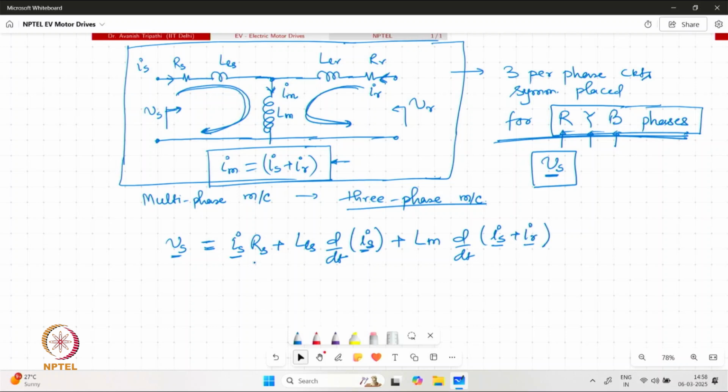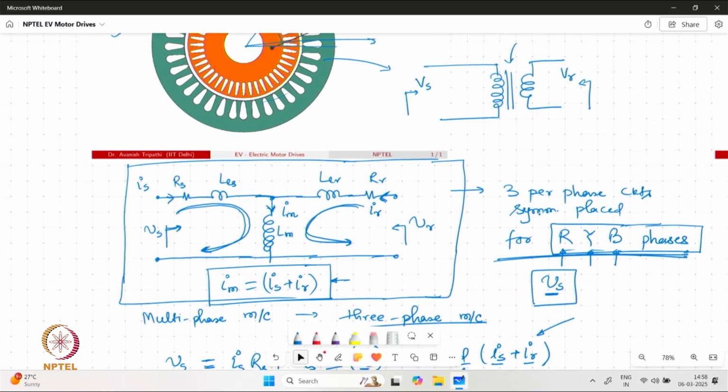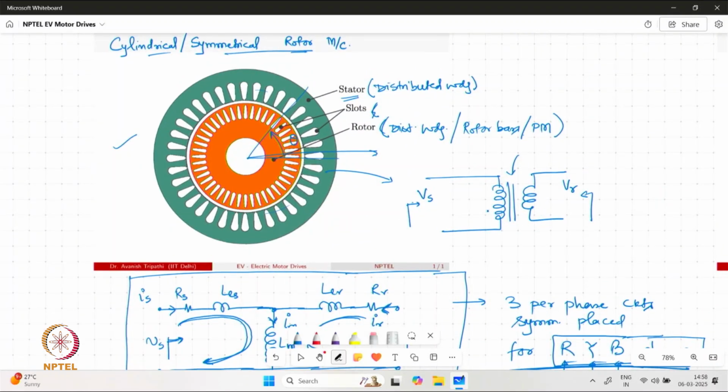Now the problem that occurs over here is that we are talking about the stator equation and we are dealing with the current which is on the rotor side. As long as we are talking about this T network, it is fine, but the moment we are referring to any machine where we have two parts, one is stationary, another is rotating with omega m, our vector has to be represented properly in the frame of reference where we are writing the equation.